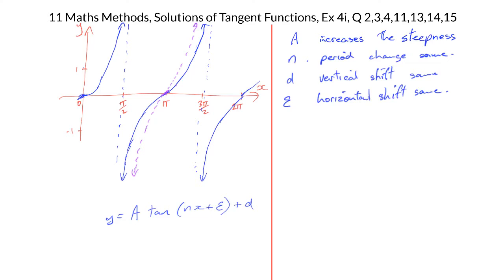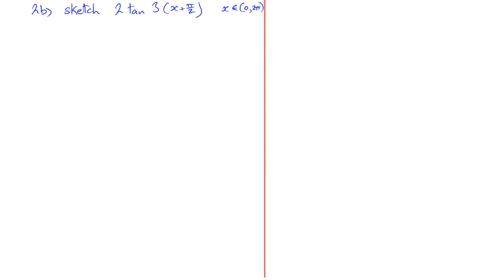Looking back, the asymptote. Okay, looking at question 2b. So I'm going to go through some of the questions now. How do we do this one? So first of all, the amplitude basically means it will be steeper than the average one. It's basically doubled, of course.